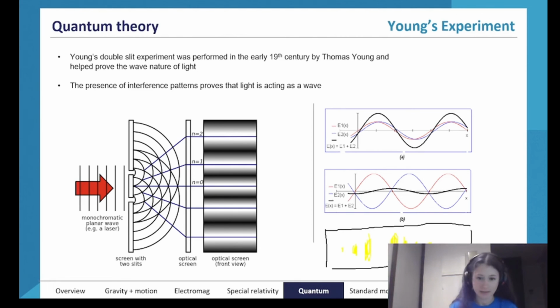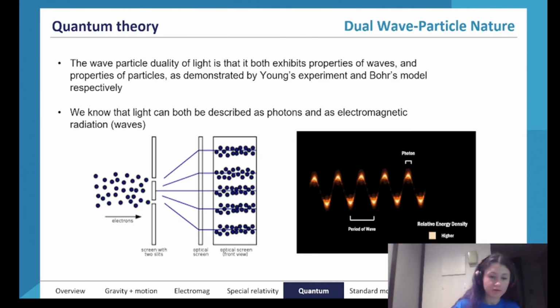As we can see in the next slide, what he would have seen if light acted solely as a particle was these evenly distributed patches of particles. So in this experiment, we're just seeing electrons, which are obviously particles.